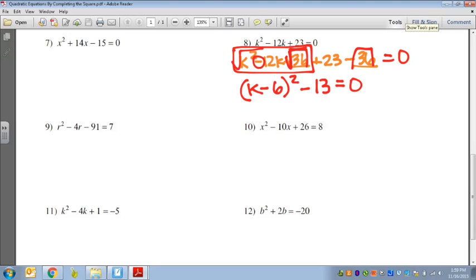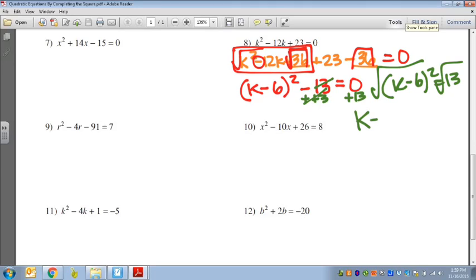Okay, so that would be the factored answer, but I need to solve this one. So I'm going to add 13 to both sides. And it's going to give me k minus 6 squared equals 13. Square root both sides.